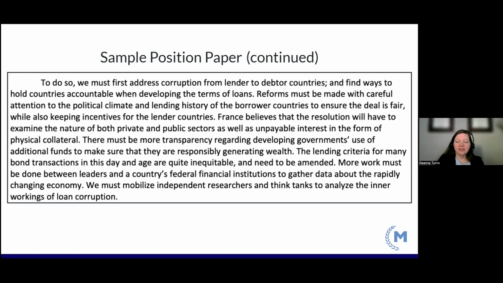All of that is the creative but also realistic resolution. It also includes some policy as well, with how France believes things should go, all in here to satisfy the criteria of what a position paper should be. Right here is the policy, with France believing what needs to happen in the resolution, and to hold things accountable and to make reforms.